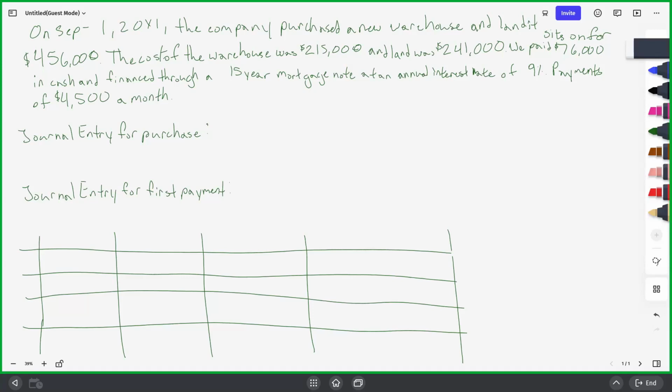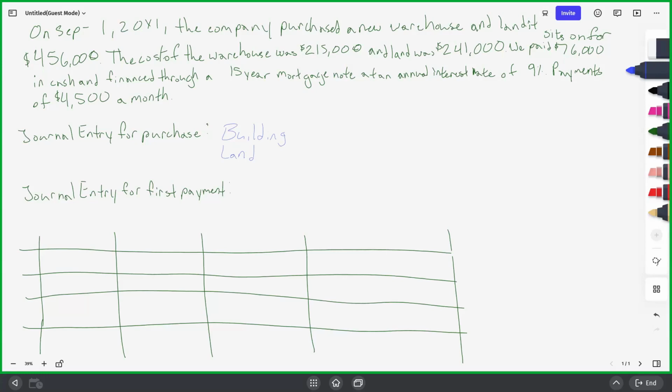All right, we're going to go through this. First things first, what's going to be the journal entry for acquiring this property? This is the one difference that this has from a note payable. What are we gaining? Building and land. Do we add the cost together or do we keep it separated?